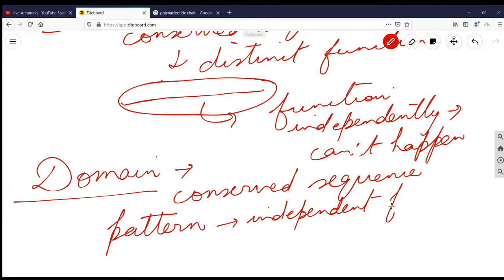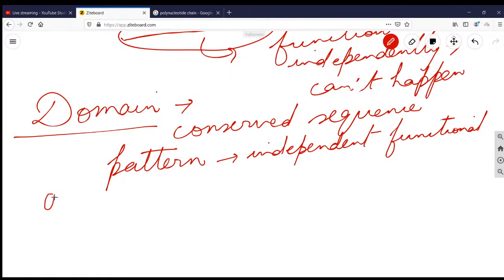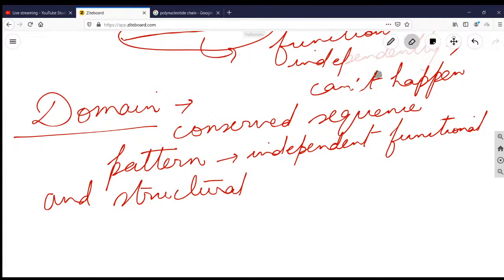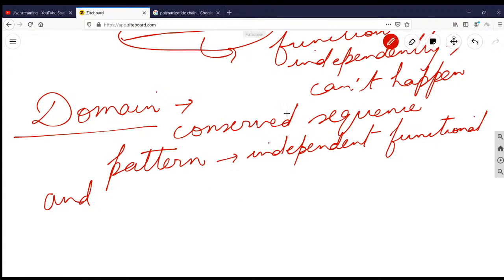So independent functional and structural unit.